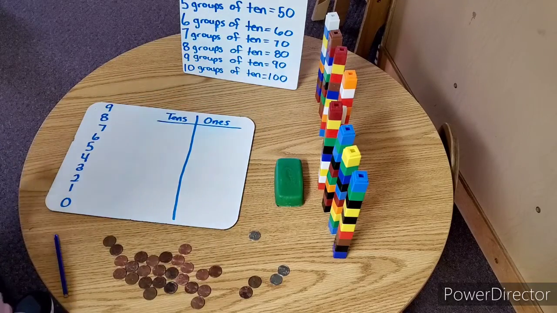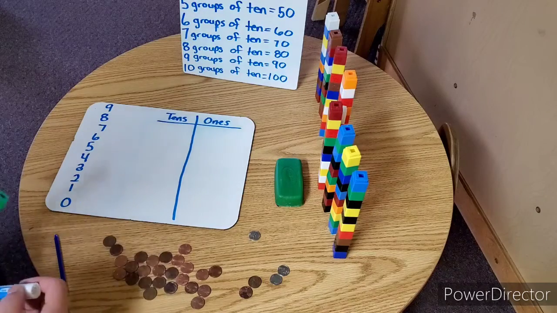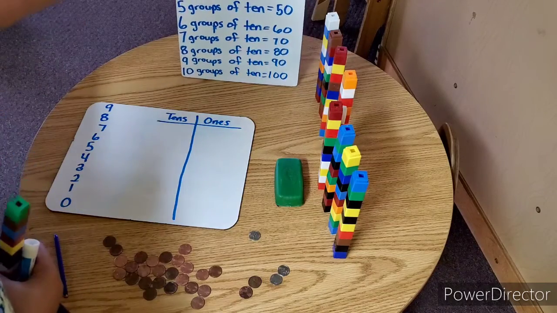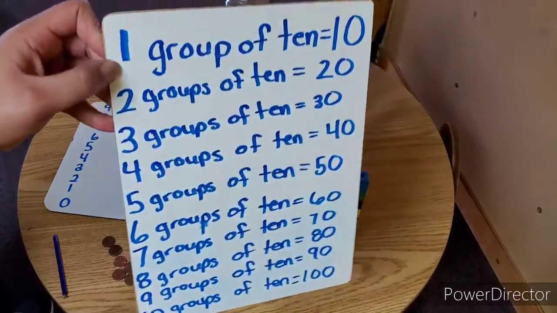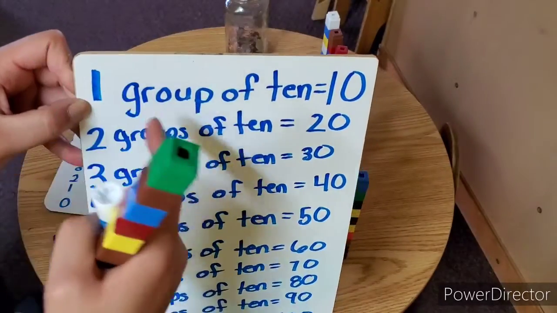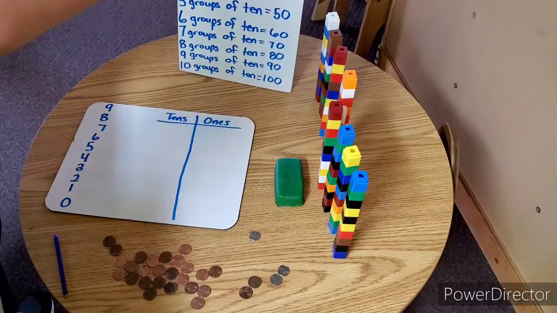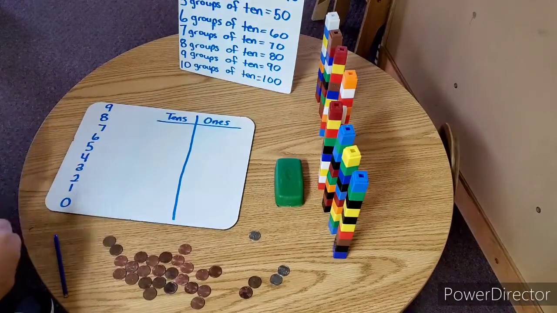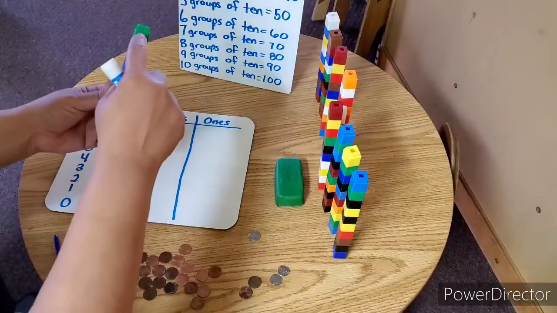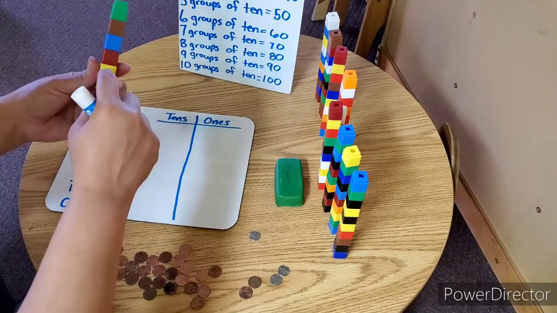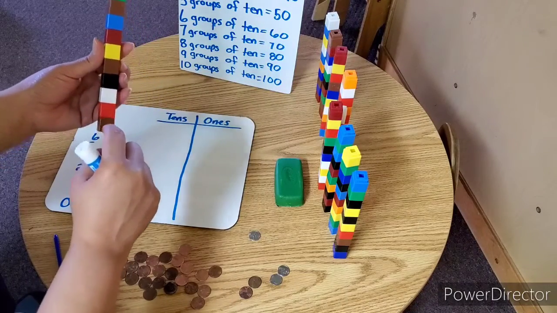So when we write the number 10, how many groups of 10 is the number 10? Remember? 1 group of 10 equals 10. So for the number 10, we have 1, 2, 3, 4, 5, 6, 7, 8, 9, 10.